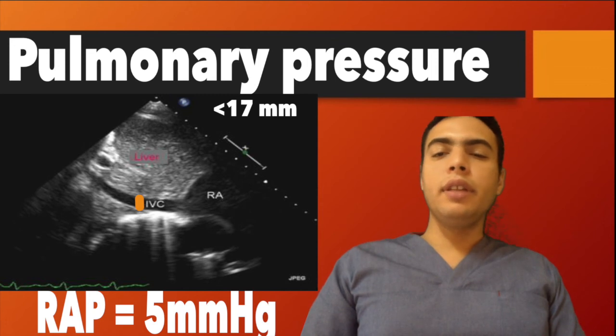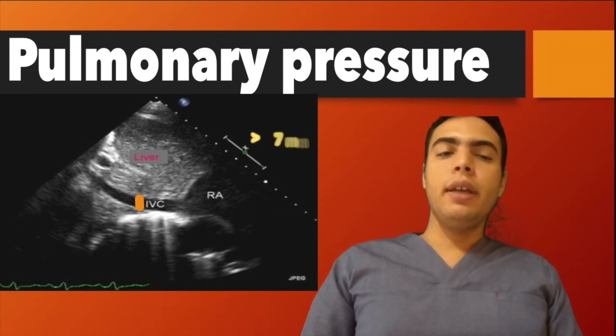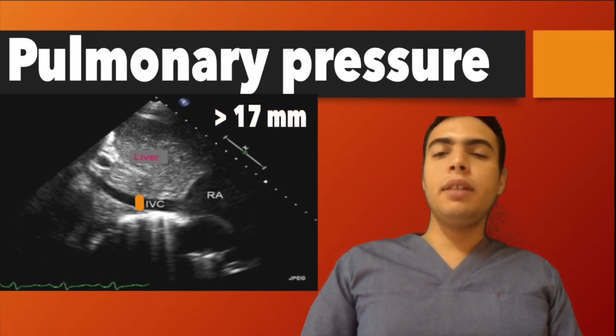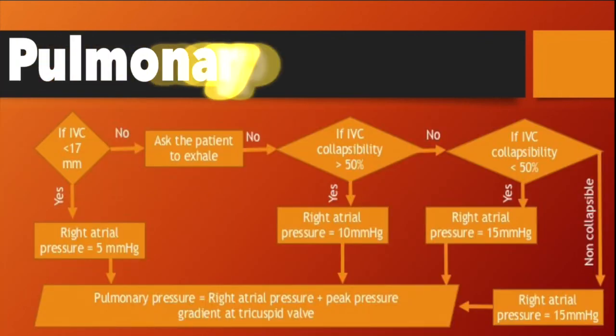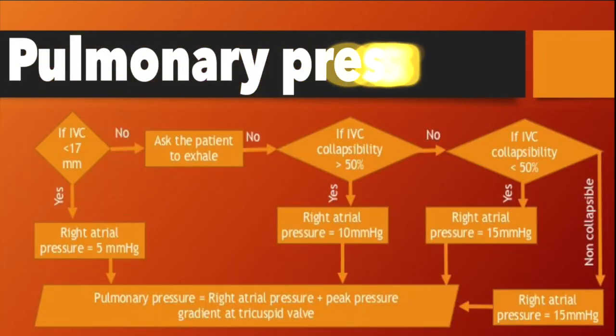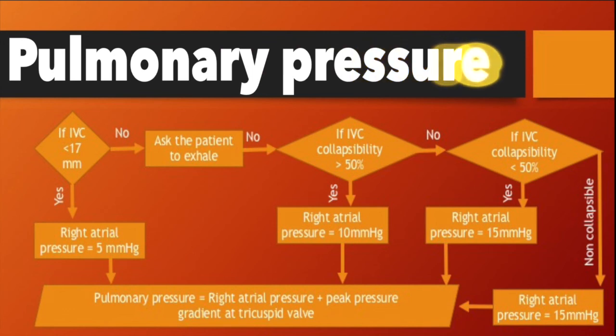But if the inferior vena cava is more than 17 mm in diameter, you shall ask the patient to breathe or exhale. If the inferior vena cava collapsed more than 50%, this means the right atrial pressure is 10 mm mercury.